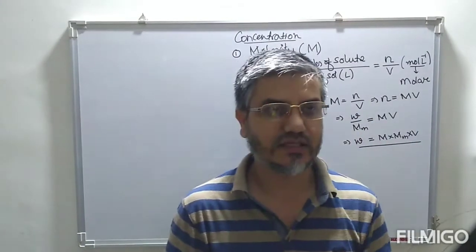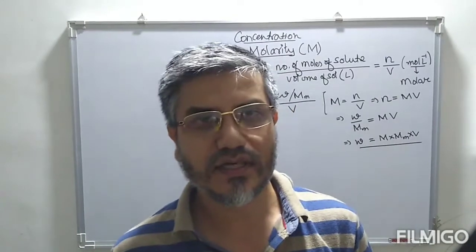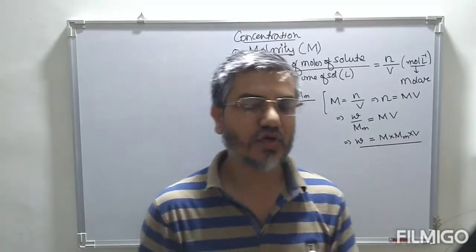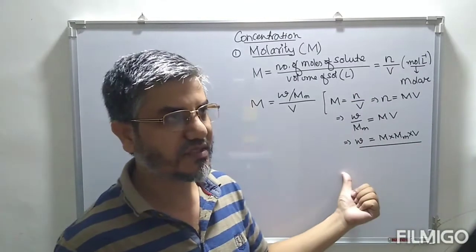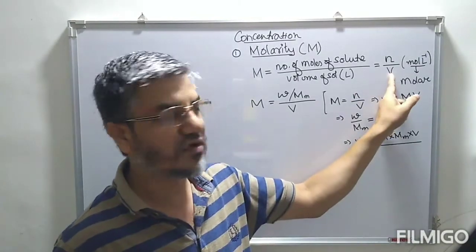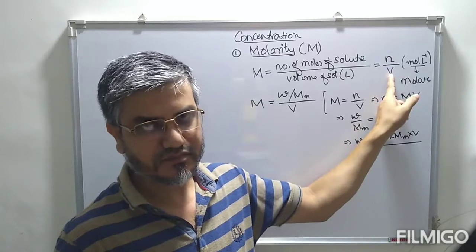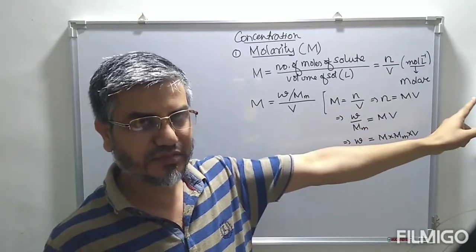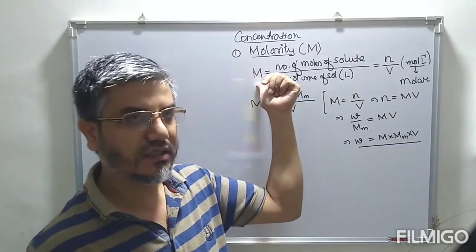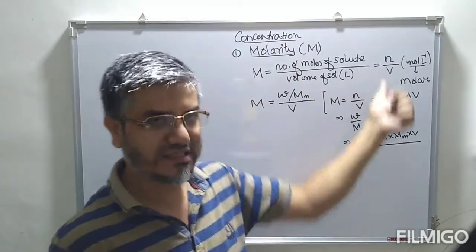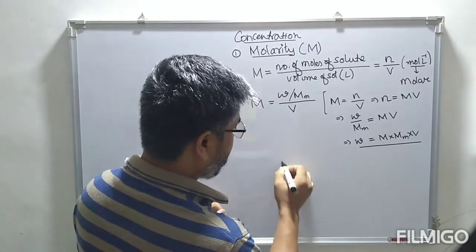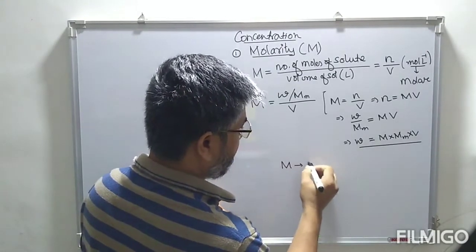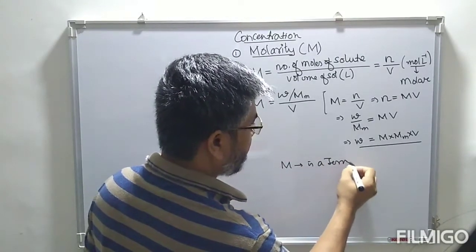That means molarity as a method of expressing the concentration is temperature dependent. Why temperature dependent? Because volume is temperature dependent. So if you increase the temperature, molarity decreases. If you decrease the temperature, molarity increases. So this molarity is temperature dependent.